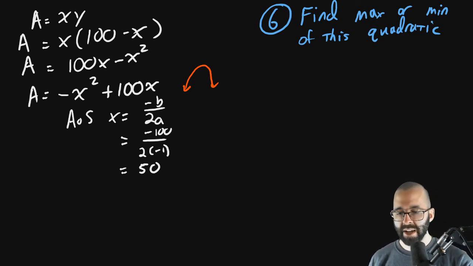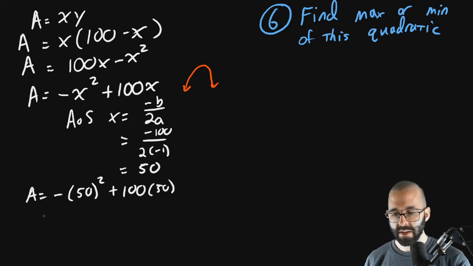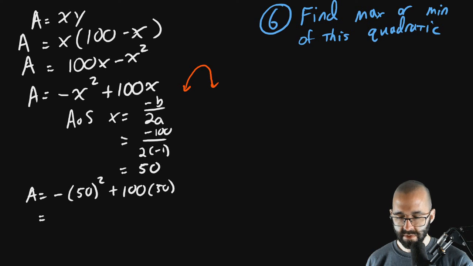Well, the vertex, when x is equal to 50, a is going to be negative 50 squared plus 100 times 50. That's negative 2,500 plus 5,000.